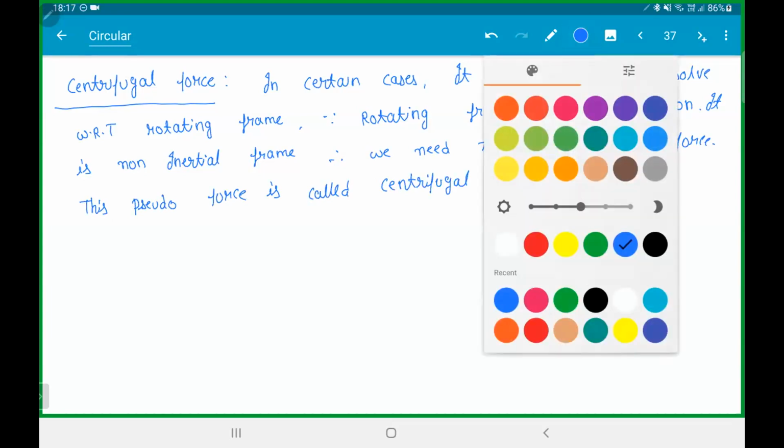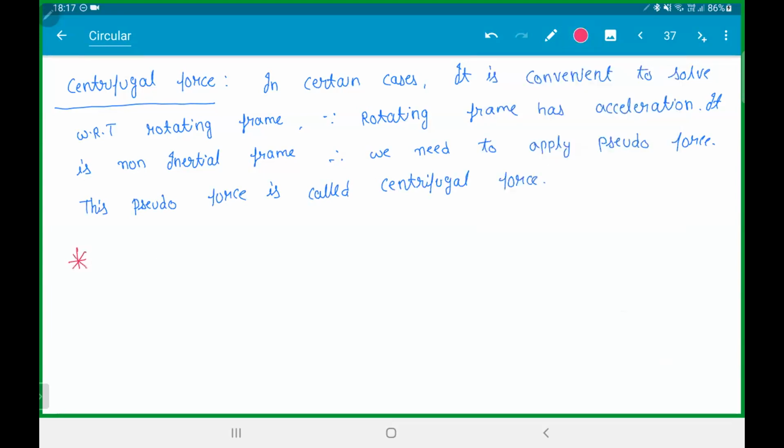So, important statement here. If we use centrifugal force, don't talk about centripetal acceleration. You cannot have centripetal acceleration and centrifugal force at the same time.